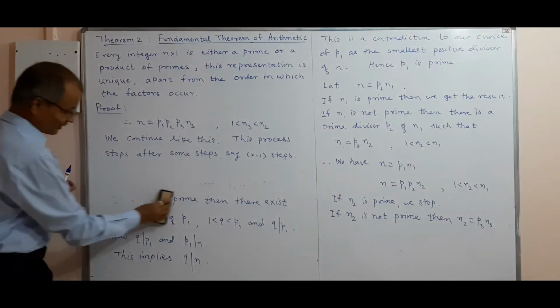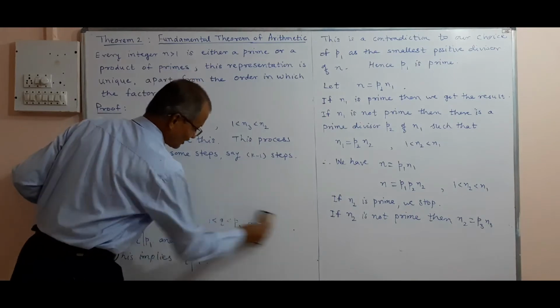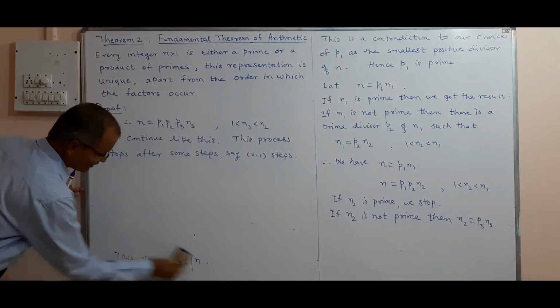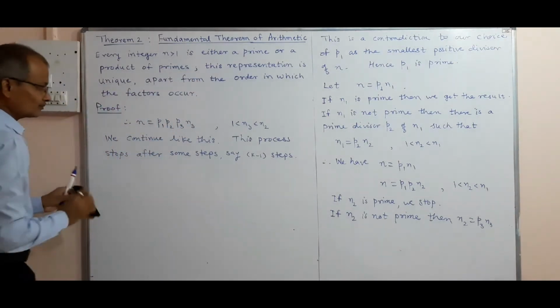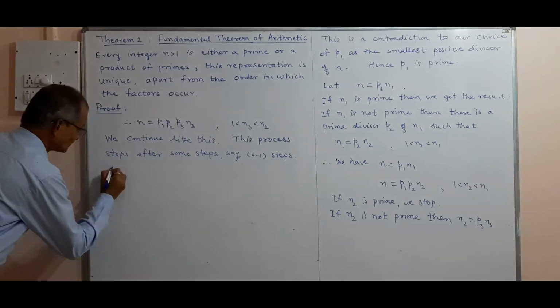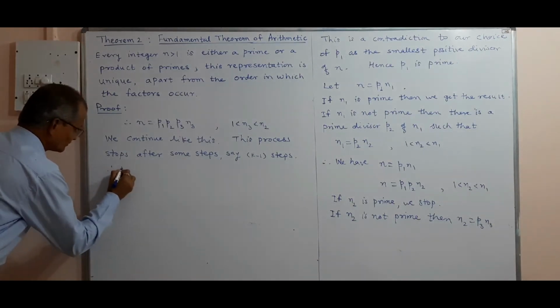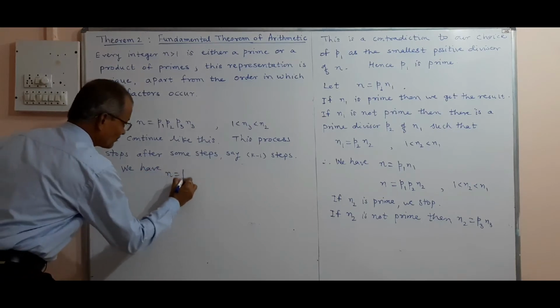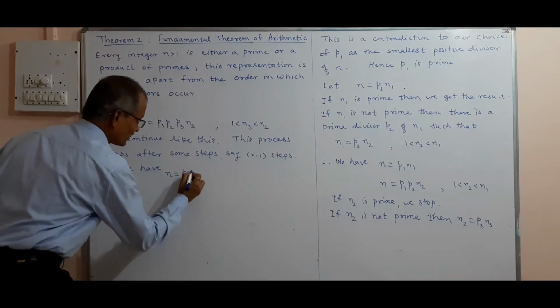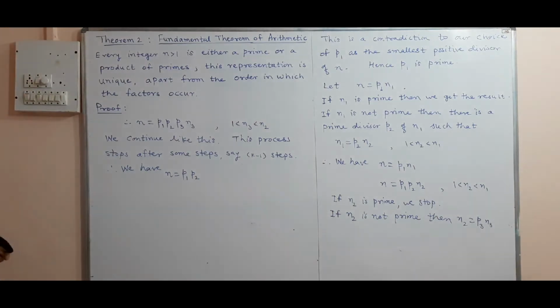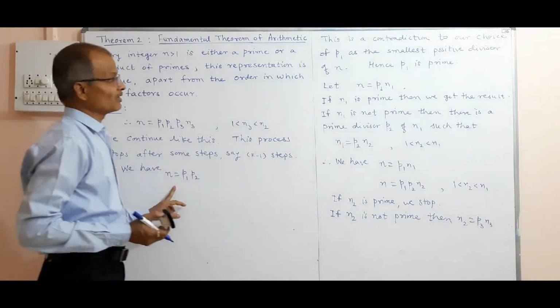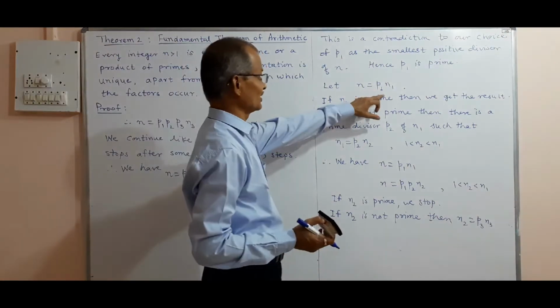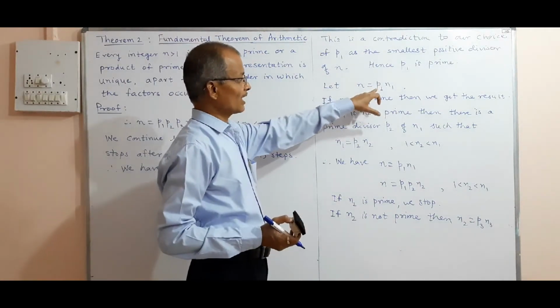Then what will be the final expression for N? In the first step, N is P1 N1, so in the first step there are two factors.